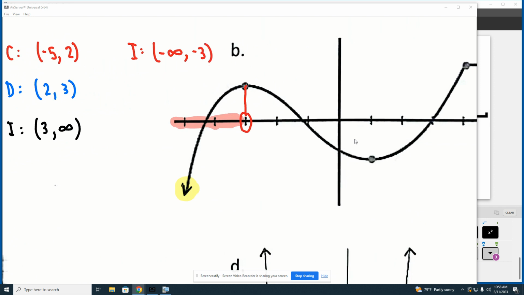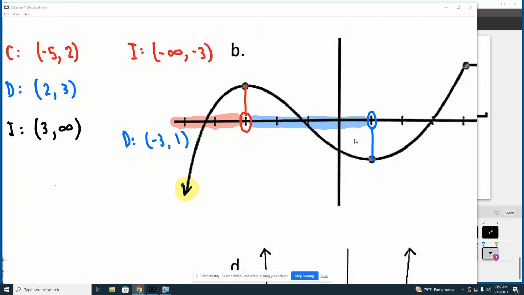And then what does it start doing? It starts decreasing as it leaves -3. And it decreases, it goes down and down and down until it gets right here to this x value, which is what? +1. So it's decreasing from -3 to +1 throughout this entire region.